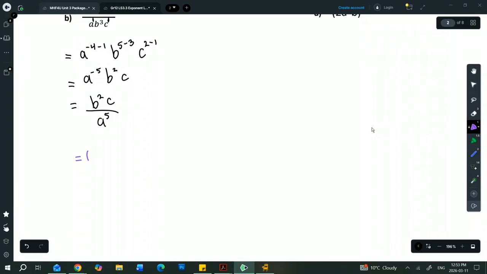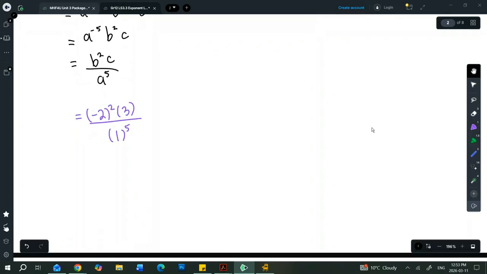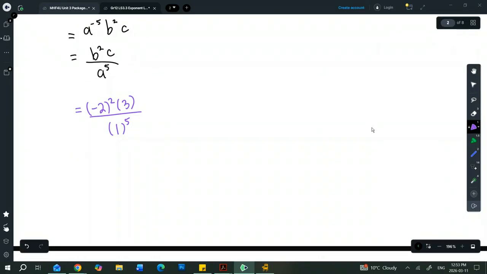B is -2. C is 3, A is 1, so -2 squared, four.